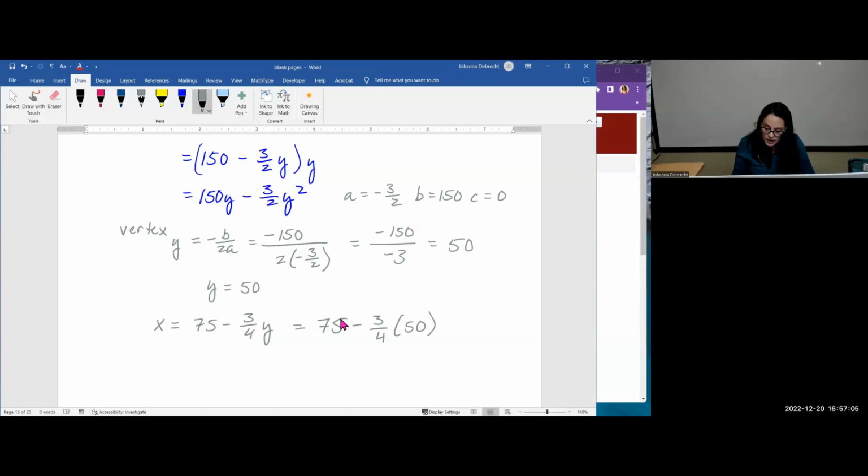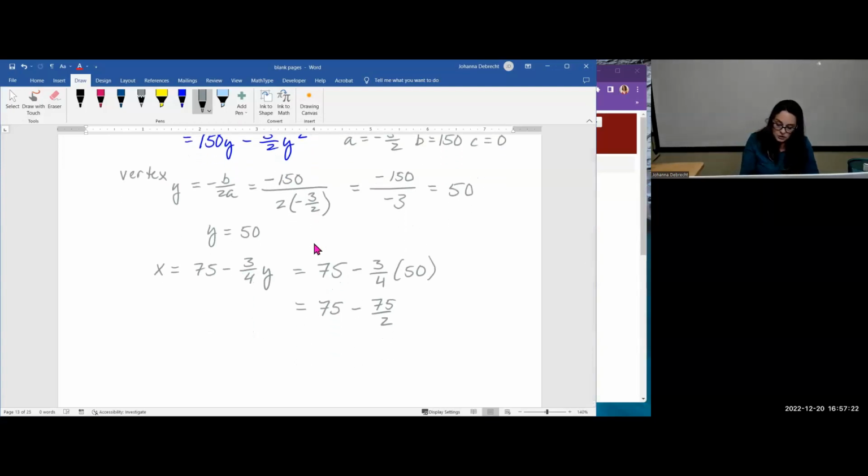But I'm just going to go ahead and reduce it by half. So I get 25 over 2 times the 3, which gives me 75 over 2, I believe. So this gives me minus 75 over 2. And then I can get a common denominator, which is 2, and this gives me 150 over 2 minus 75 over 2, which tells me that x has to be 75 over 2.